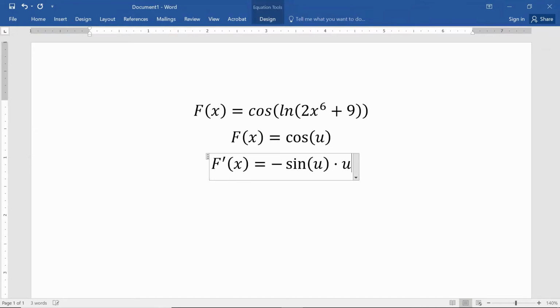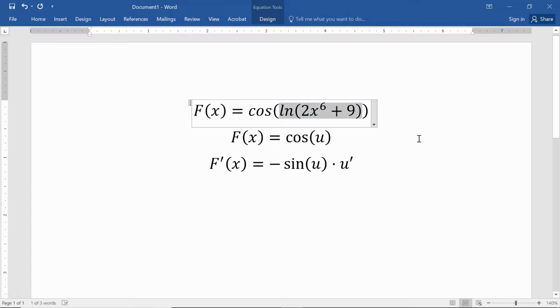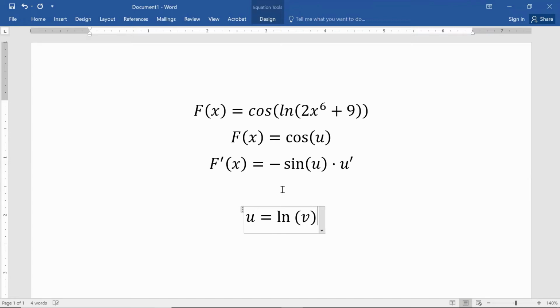multiplied by u prime. Now here's the issue. U is a fairly complicated function. So in order to figure out u prime, I need the chain rule of that as well. So I'm going to, off to the side, think of u is equal to natural log of, let's introduce a new variable, v.